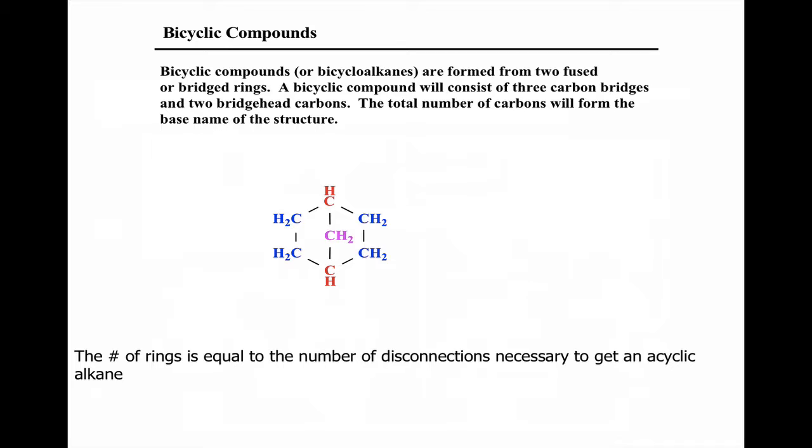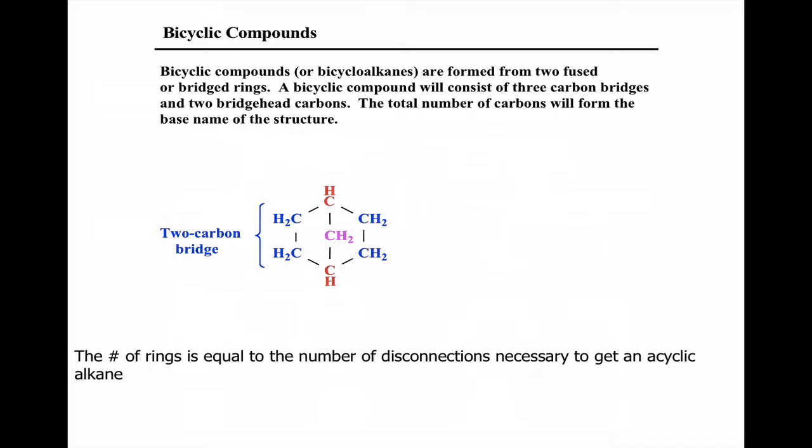The number of rings is equal to the number of disconnections that you have to do to get it completely open. So if there's 1, there's 2. It is a bicyclic compound. So the number of rings is equal to the number of disconnections that you have to make from your model kit. Okay, so this is a bicyclic compound.